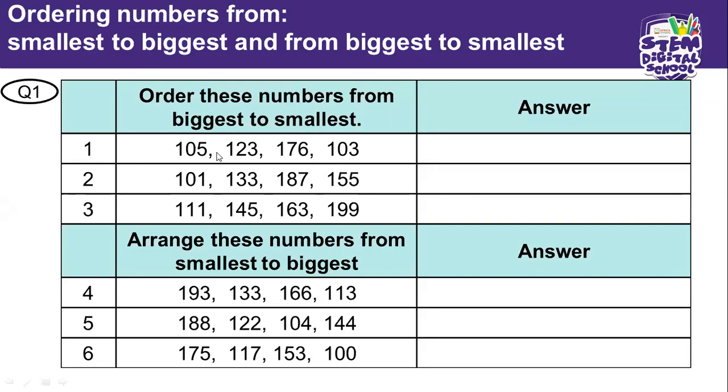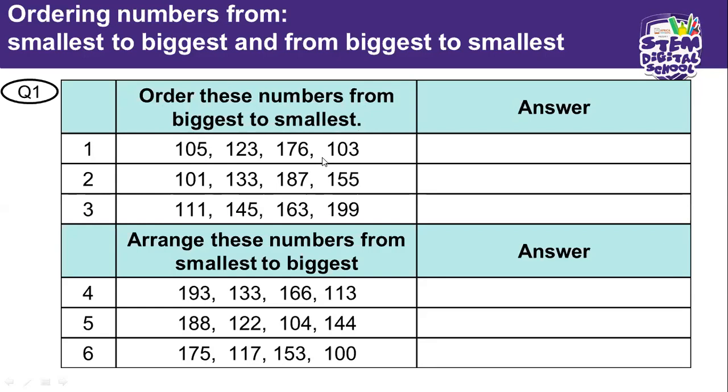So what you will do on your page, you will write Q1 and underline it, and then you will write 1, which is this one. So the question says, order these numbers from biggest to smallest.